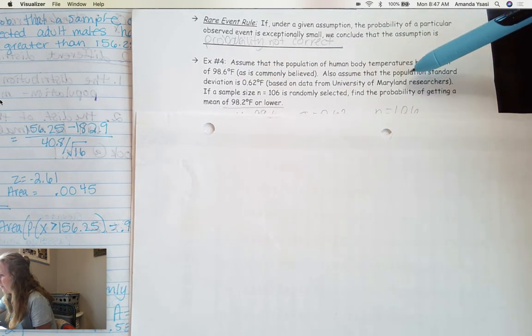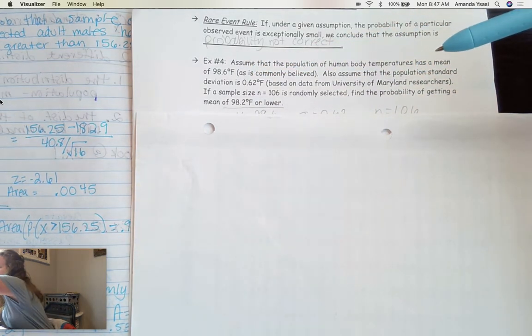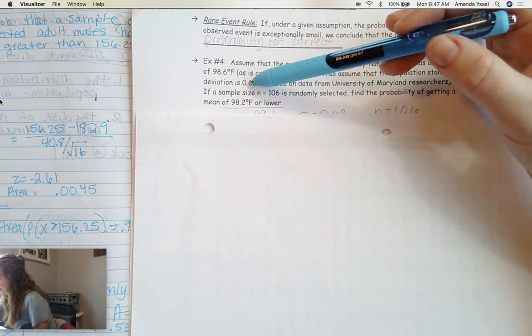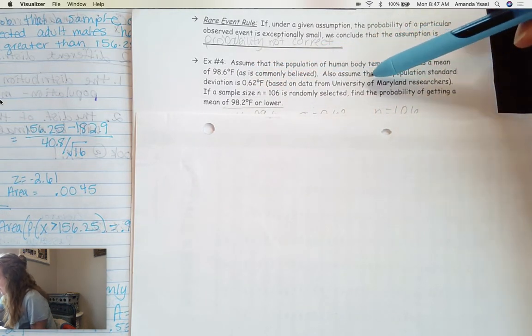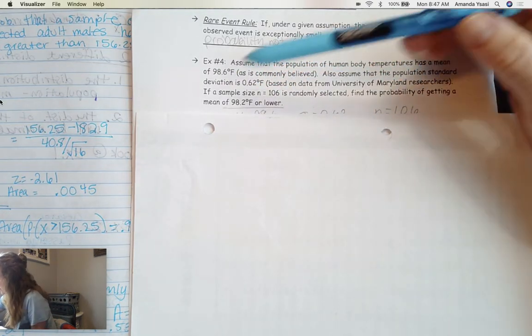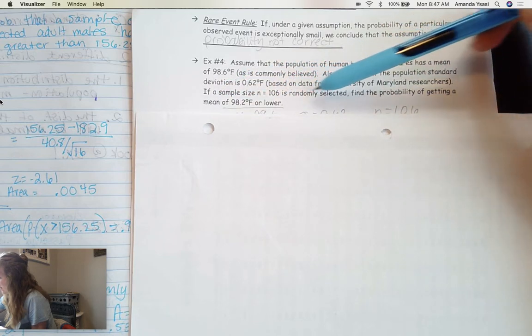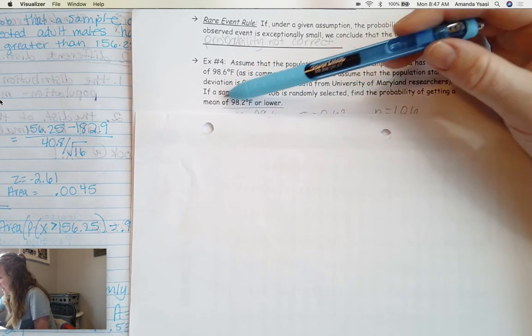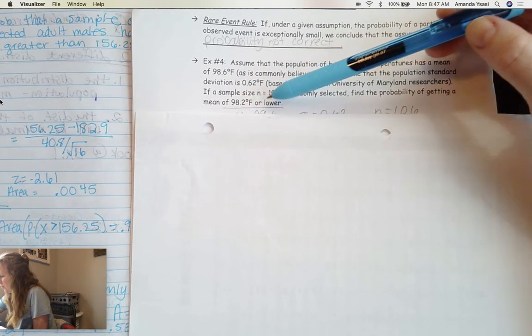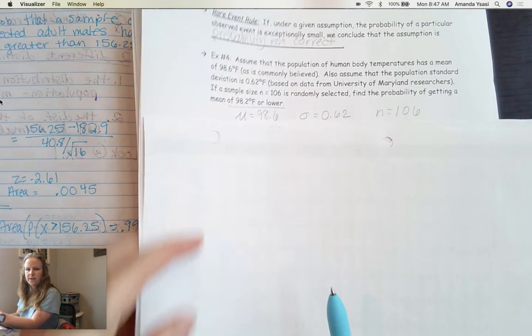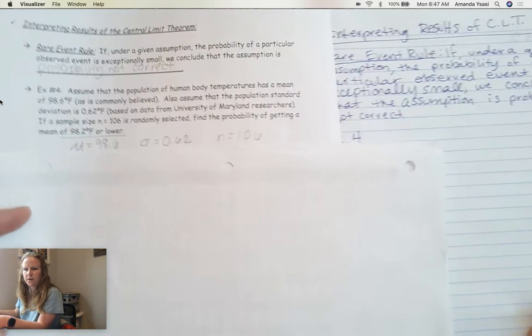Also assume that the population standard deviation is 0.62 based on the information from the University of Maryland researchers. If the sample size n equals 106 is randomly selected, find the probability of getting a mean that is 98.2 or lower. Okay, so here's the information that we need to write down. So I'm going to write it down over here.